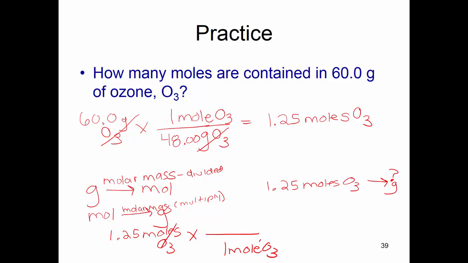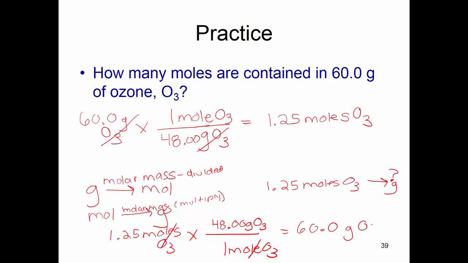So moles will cancel. So in every 1 mole of ozone, we have 48 grams of it. And so this time we multiply. So when you multiply that 1.25 times 48, you get 60 grams.